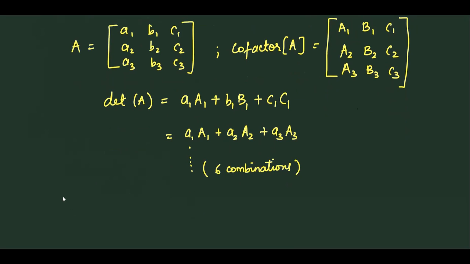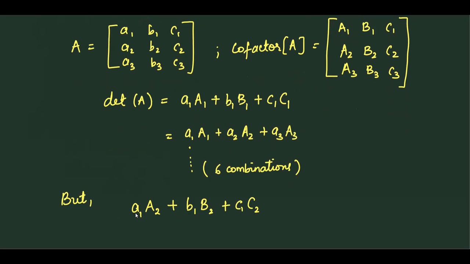However, if I take A1 multiplied by cofactor of A2, then B1 multiplied by cofactor of B2, and C1 multiplied by cofactor of C2.